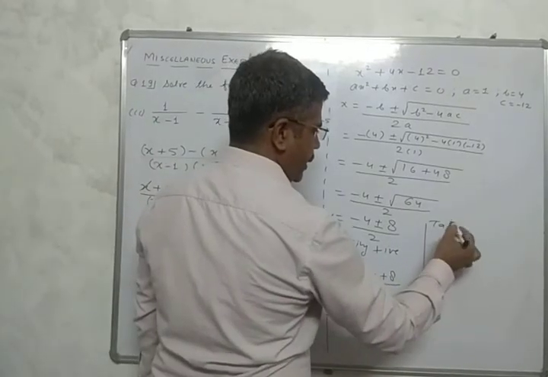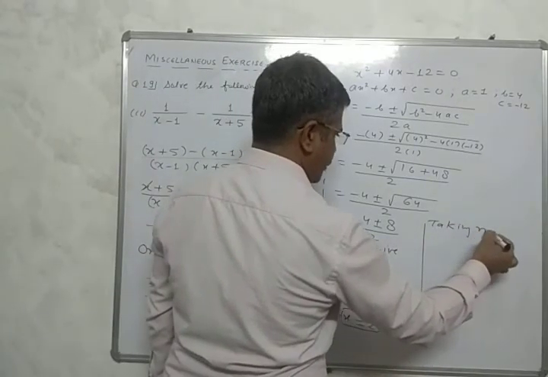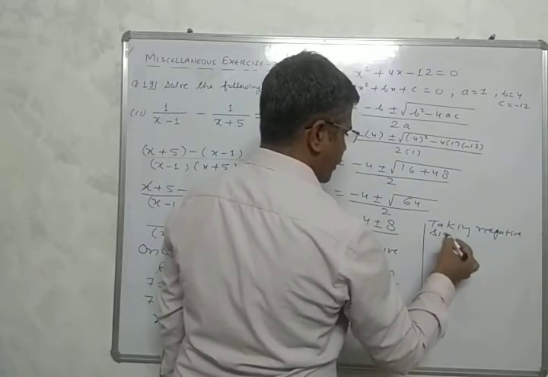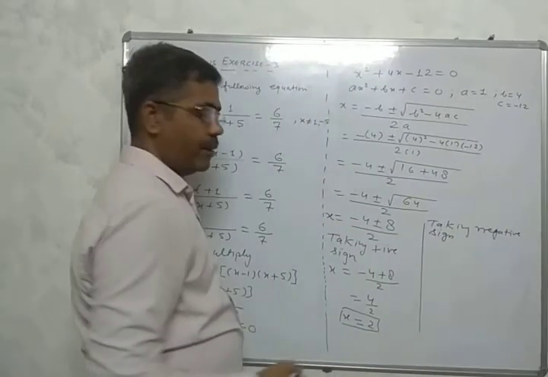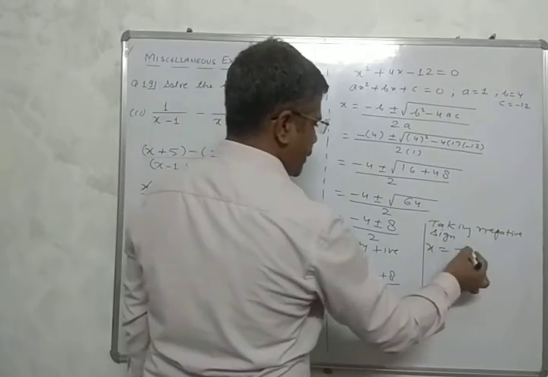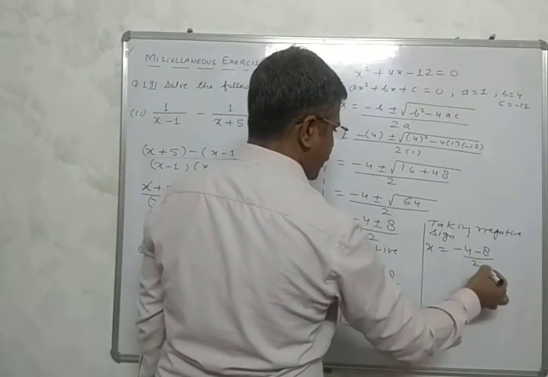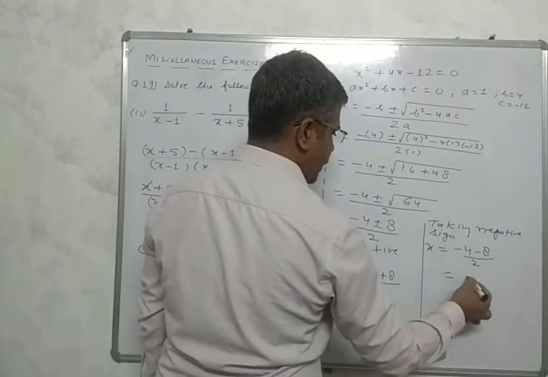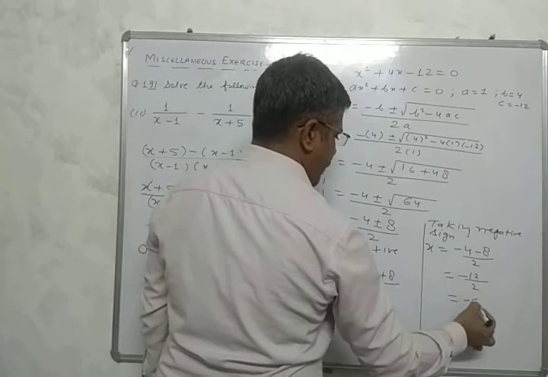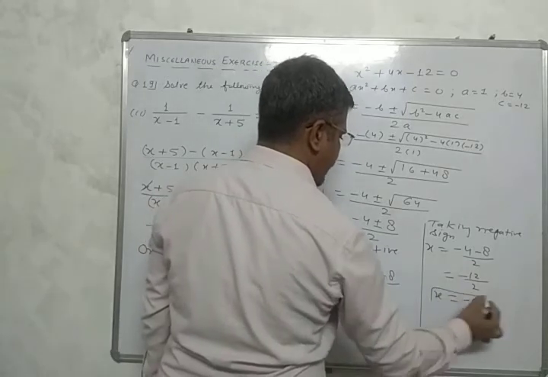Taking negative sign, we get x equals to (minus 4 minus 8) upon 2. Minus 4 minus 8 is minus 12, divided by 2, minus 6. x equals to minus 6.